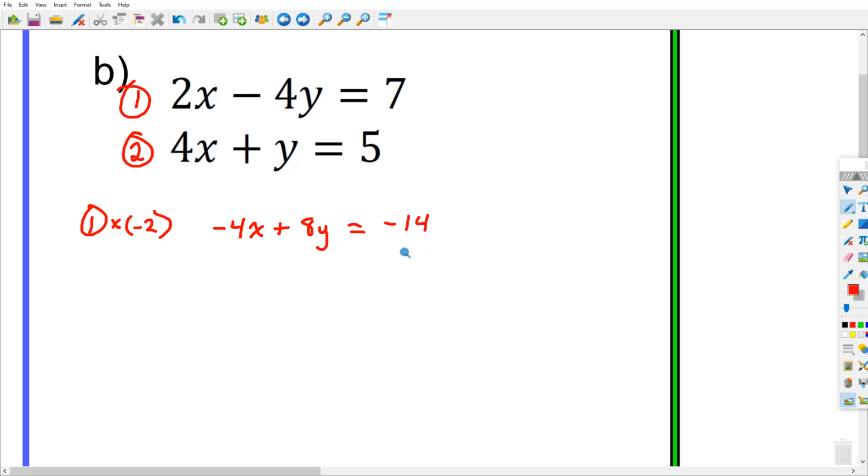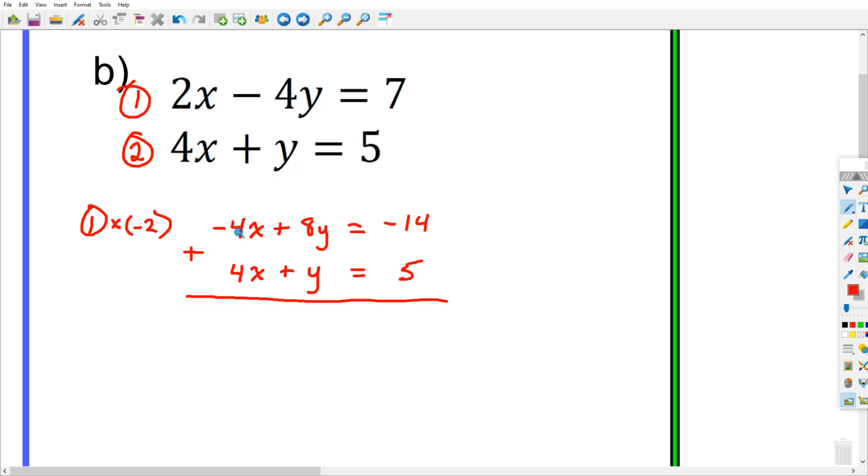Then I can add the second equation with my new first equation, and that will allow me to eliminate the x terms. So if I write in equation 2 right underneath it, equation 2 is 4x plus y equals 5. Now because the negative 4 and the positive 4 are opposite, I'm able to add them to eliminate them.